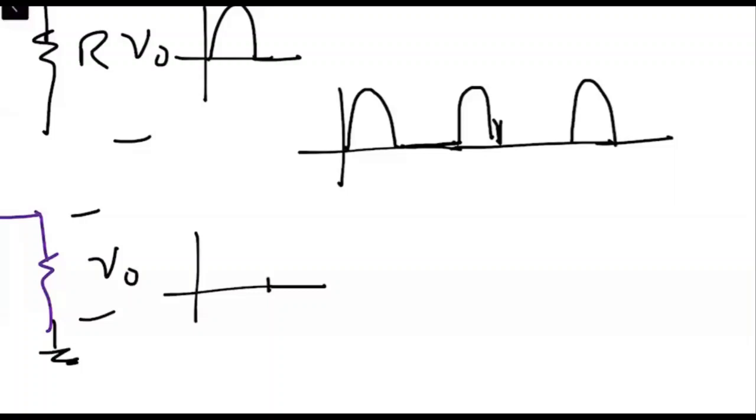Okay? Any question? No question. This kind of behavior of the diode is called rectification. Converting the sinusoidal waveform into a unidirectional waveform is called rectification. And once the rectification is done only for one of the cycles, it is called half wave rectification, okay?